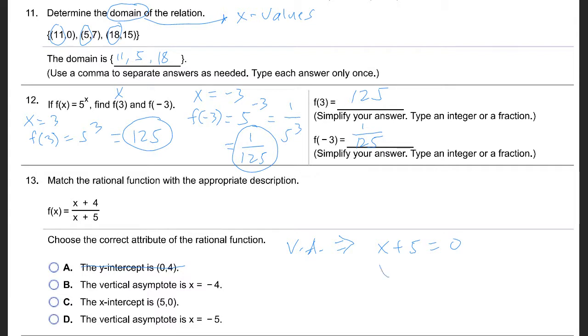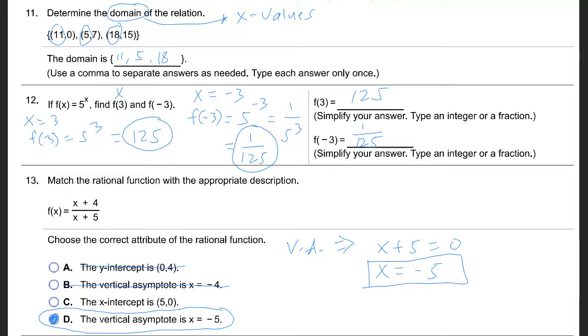And then solving for x, it gives us x equals -5, which is our vertical asymptote. And x is equal to -4 is not the right one also. So we have a choice of D here. That would be the answer that matches our vertical asymptote calculation. So that would be the correct answer for 13.